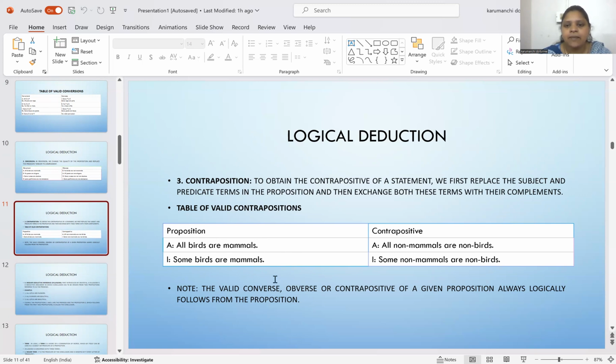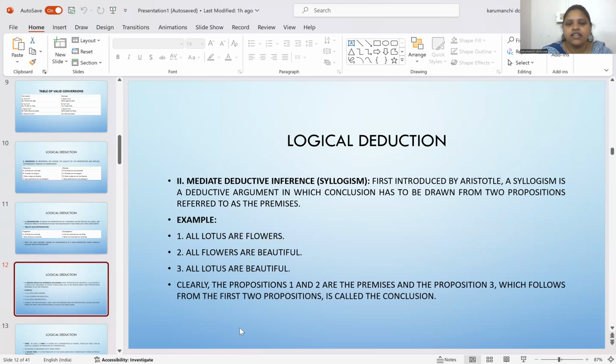Some birds are mammals, some non-mammals are non-birds. We should note that the valid converse, obverse, and contrapositive of a given proposition always logically follow the proposition. And coming to the second one, mediate deductive inference, syllogisms.